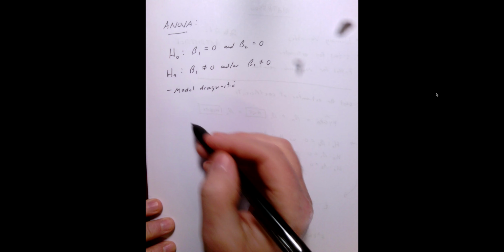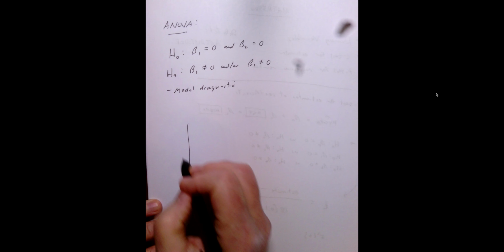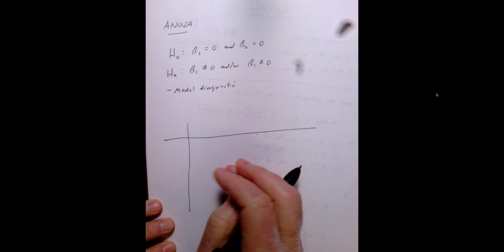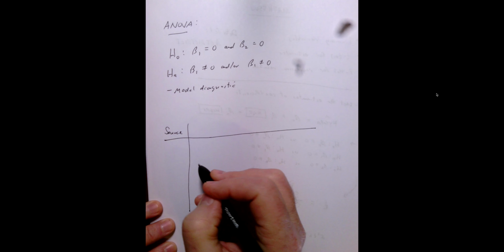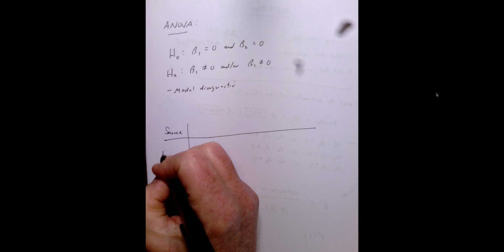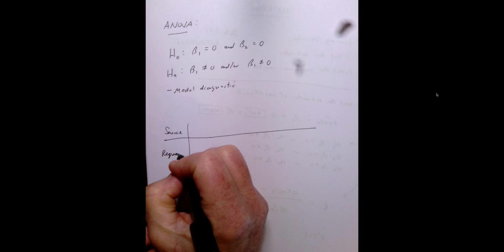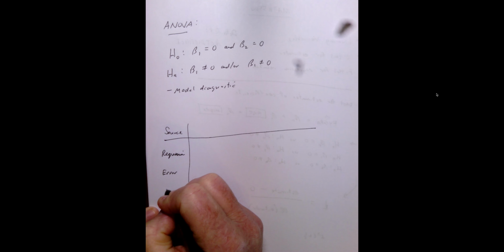Now, I'm just setting the stage here: what does the ANOVA table look like once we introduce multiple predictors? In the classic case, we still have our source, which is still the regression, the error, and the total.